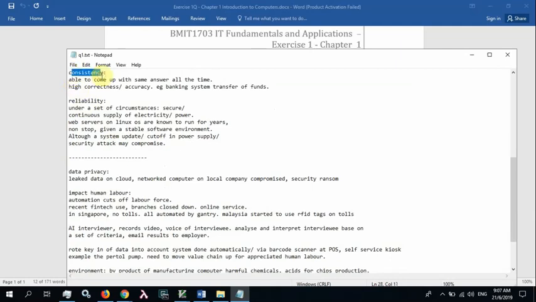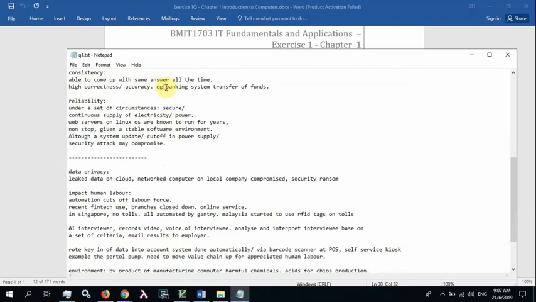So consistency, next. Being able to come up with the same answer all the time. So this has to do with high accuracy and correctness. Of course, if there's a bug in the program, this can be argued. And if there's a compromise on your system, some virus may throw all these operations into disarray.